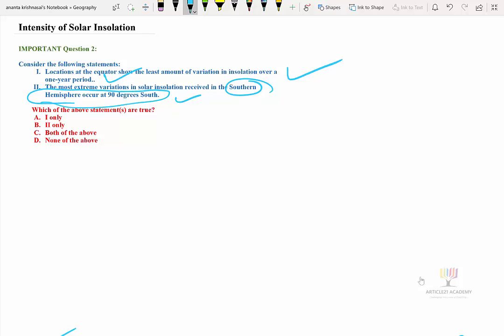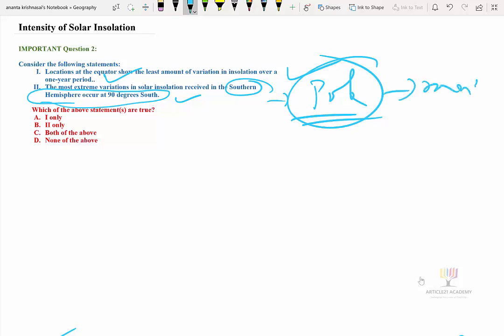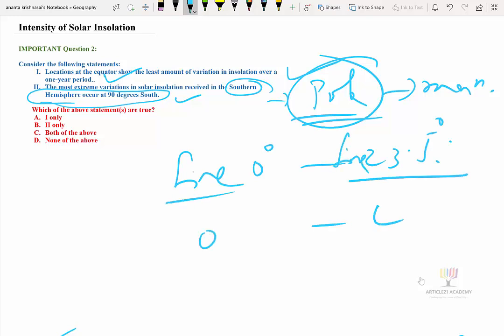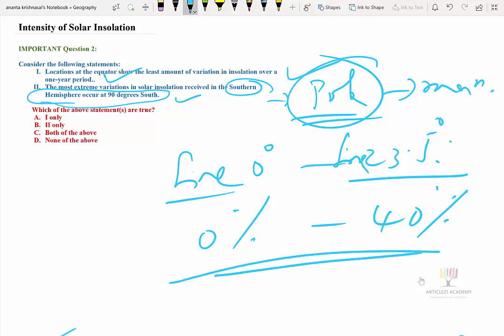And in this statement, if I replace this with any pole as such, they receive the intensity where the variation is maximum, because the altitude varies from 0 degrees to 23.5 degrees, and the sine values of these altitudes give you a variation of 0% to 40%, and hence the variation is really maximum when you look at the poles.